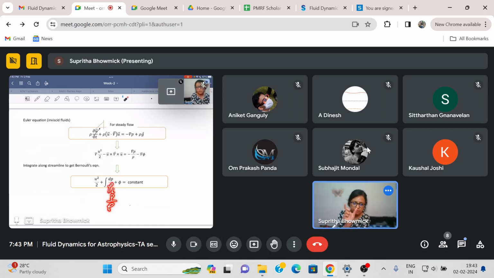So if you're working in, let's say, small pressure ranges where the density really is independent throughout the full range of the pressure you're working with, then this rho just comes out of the integration, and you write this dp as some p. Then this is the popular Bernoulli's equation that you must have studied in your class 11th, 12th.